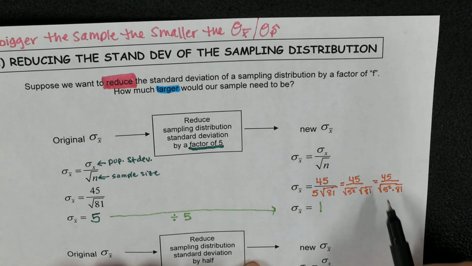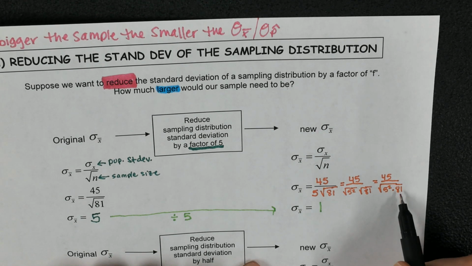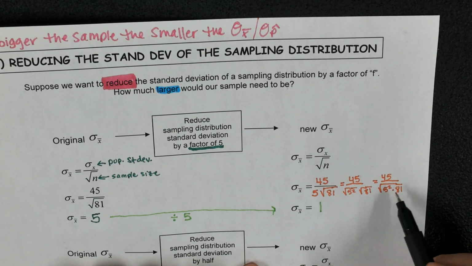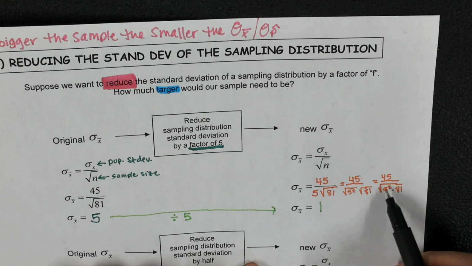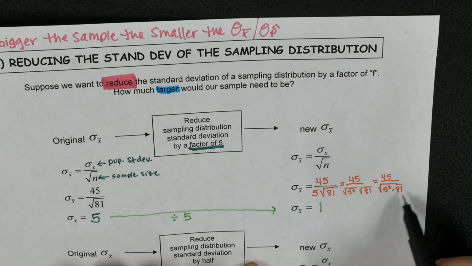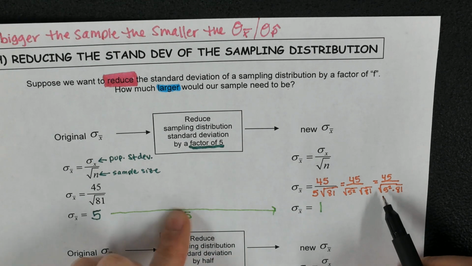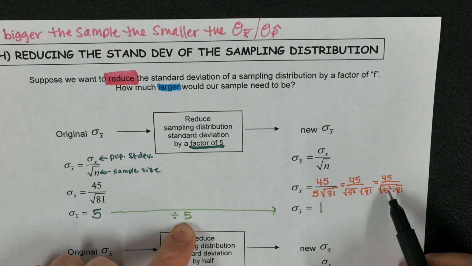Do you agree that I could write that? That's 5 squared times 81. We're just rearranging some things. And if you look here, what did I end up doing to my original sample size? This was my original sample size, and now I'm multiplying it by whatever I wanted to reduce it by, squared.